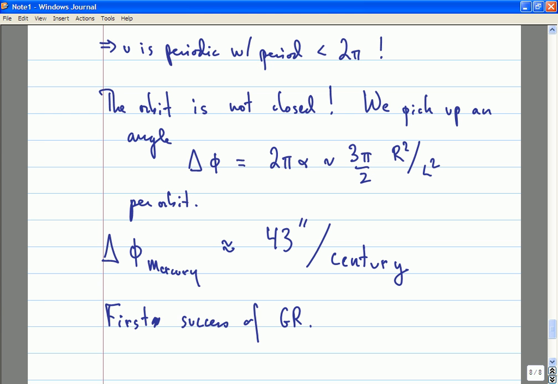Now, this anomaly was present only for Mercury and not for the other planets, and so that meant that the planet needed to be very close to Mercury, and in particular it needed to be closer to the Sun than Mercury. So astronomers spent a great deal of time and energy trying to find such a planet.